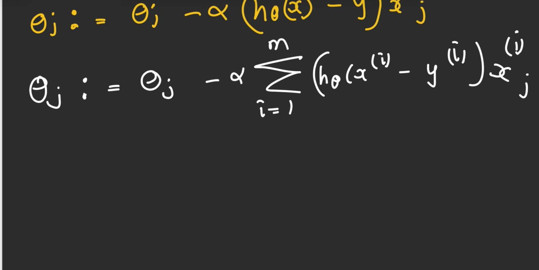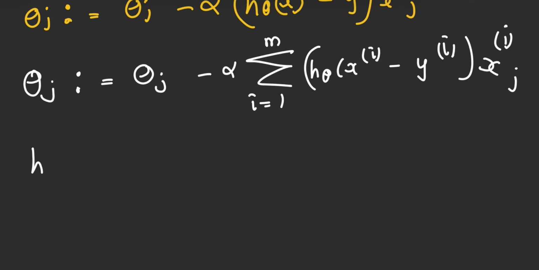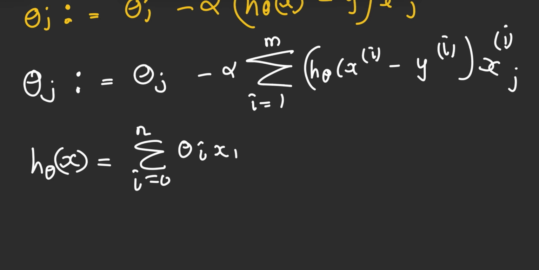It's also important for you to distinguish. There was an n over here, and I've made it into an m. It's very important to distinguish that we had h theta of x, which was equal to the summation from i equals 0 to n of theta i, xi.